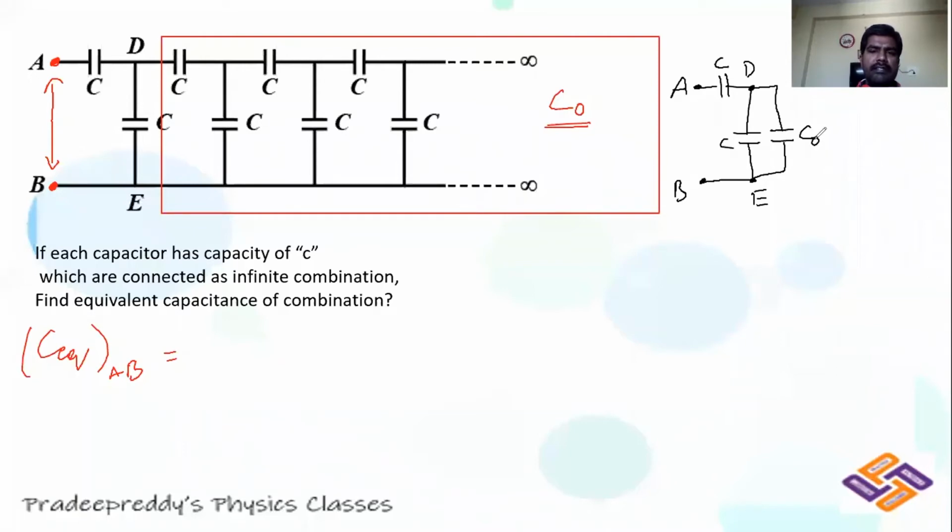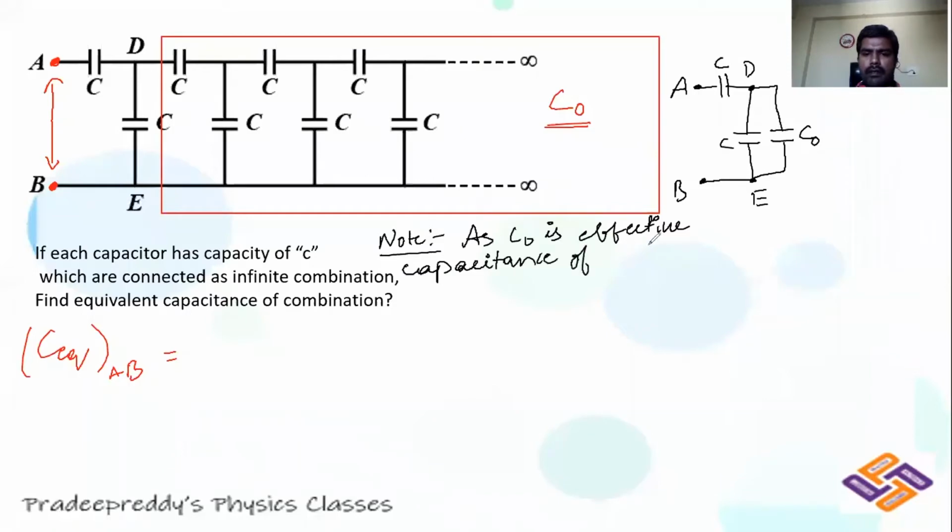That C naught is a very large value, so you should note that C naught is the effective capacitance of an infinite number of capacitors.